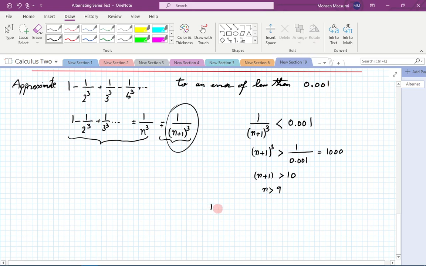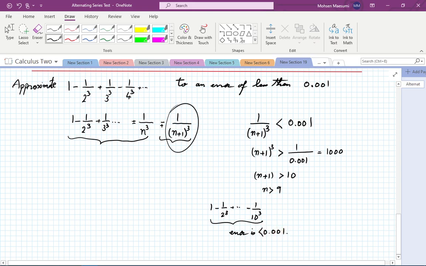So if I go 1 minus 1 half cubed plus, the last, if I write n equal to 10, is going to be negative 1 over 10 cubed. If I calculate this, the error of this, that is, this value taken as the value of the series, the error is going to be less than 1,000th.